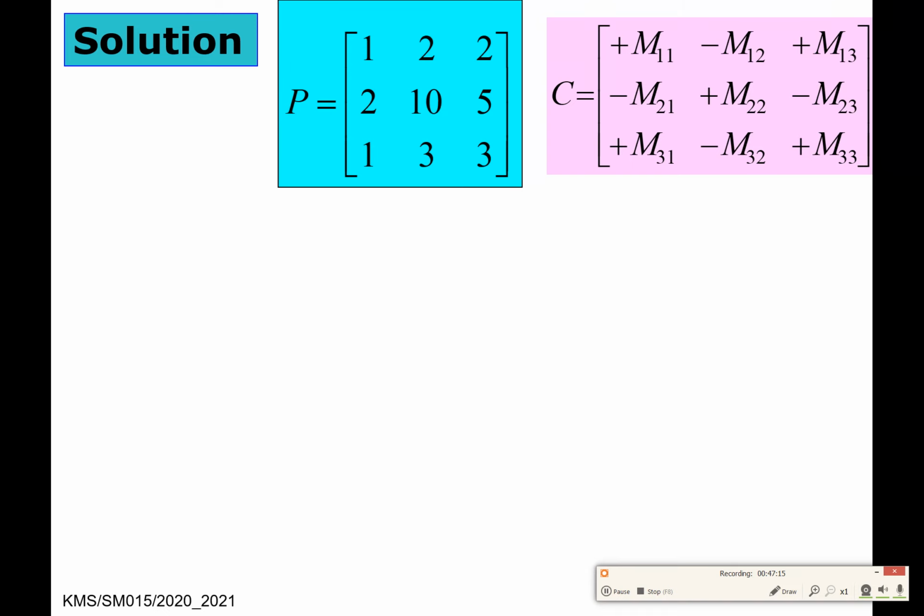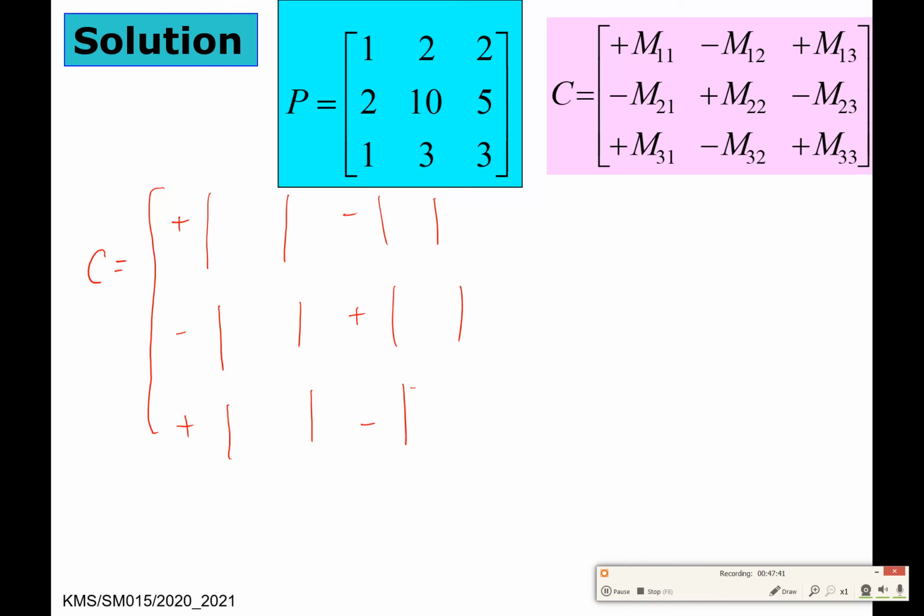So C is what? As we did for the previous one, the sign pattern is plus, minus, plus, minus, plus, minus, plus, minus, and plus.